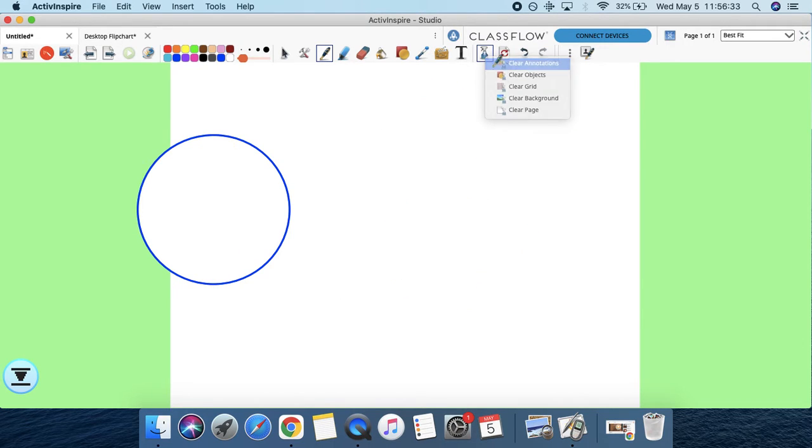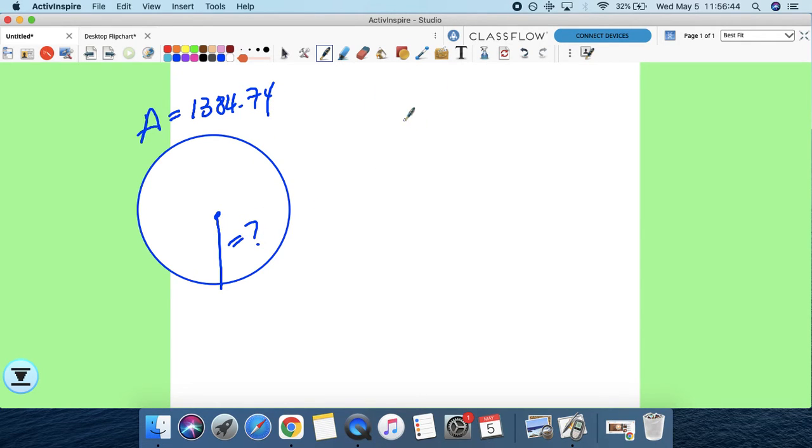Okay, one more. Area equals 1384.74. So again, ¿cuánto es el radius? A equals pi r squared. 1384.74 equals pi r squared.